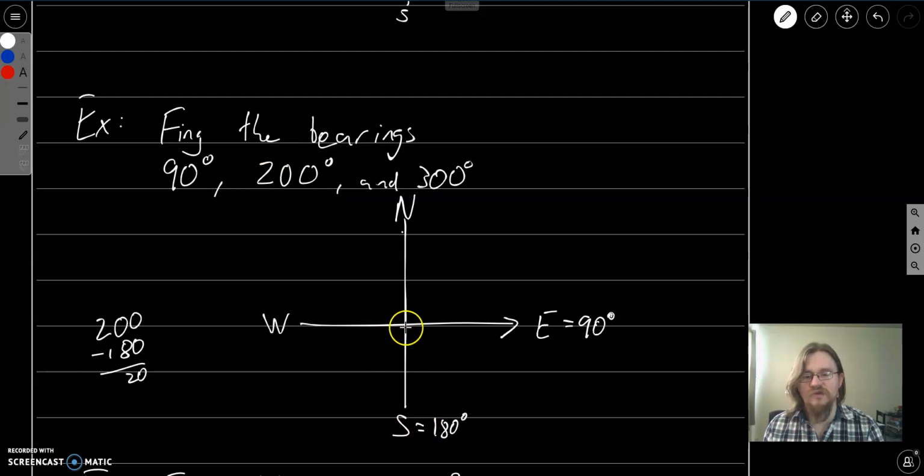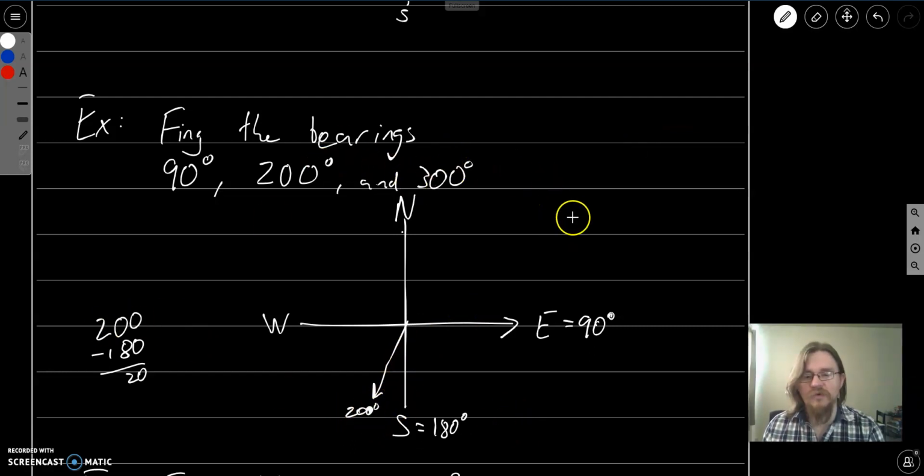So if we go 200 degrees, we're going to be pointing right here. So again, how do I know this? Well, this angle right here is going to be 20 degrees. So if I go the entire angle from north all the way down to here, this is going to be 20 degrees plus 180. So that's going to be 200. So this is going to be a bearing of 200.